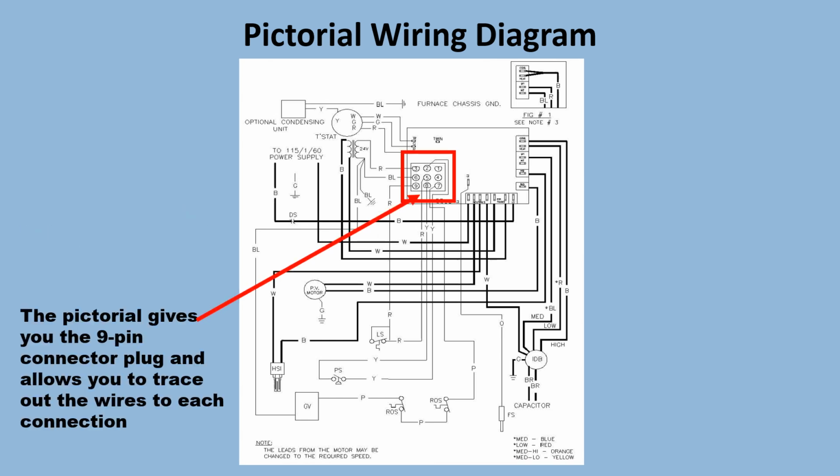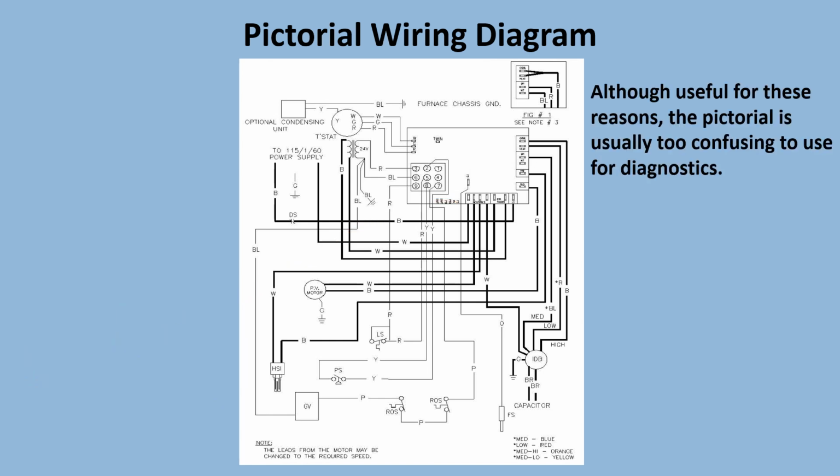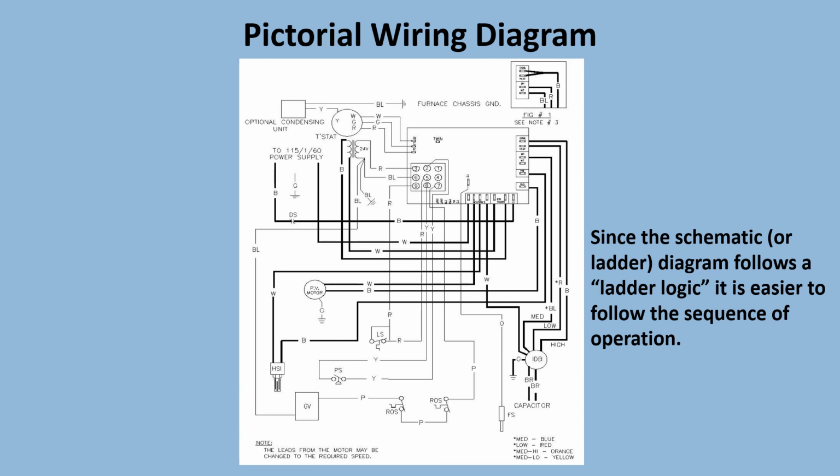The pictorial gives you the 9-pin connector plug and allows you to trace out the wires to each connection. Although useful for these reasons, the pictorial is usually too confusing to use for diagnostics. Since the schematic or ladder diagram follows a ladder logic, it is easier to follow the sequence of operation.